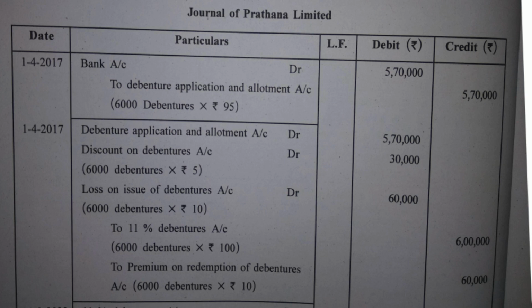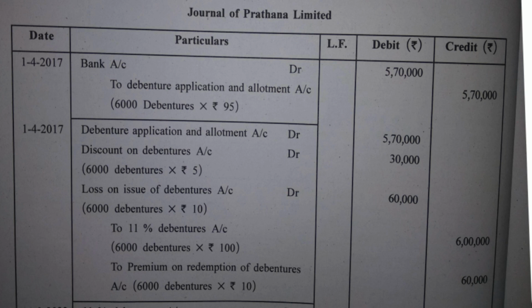Discount has been debited here. See, 6,000 debentures, if of 100 rupees each, should be 6 lakh rupees. Instead of 6 lakh, it is 5 lakh 70 thousand here. That means 30,000 is the discount which is to be shown. Discount is an expense of the company and hence discount on debentures account has been debited here. 6,000 into 5, 30,000. And also, 10% of 100 rupees, that is 10 rupees, is to be returned at the time of redemption after 6 years, which is a loss for the company.